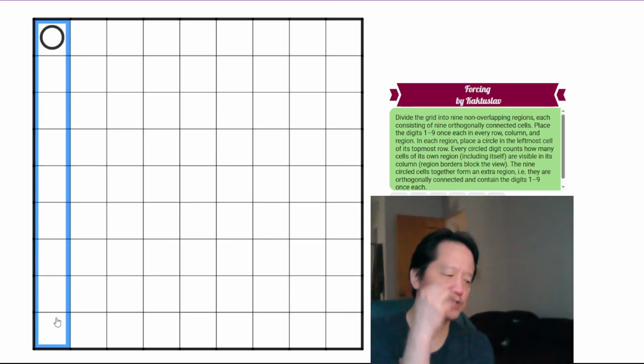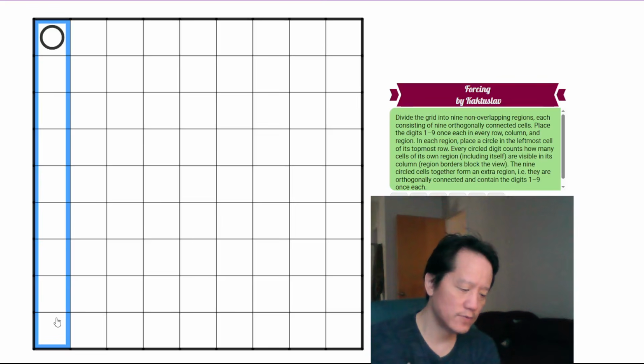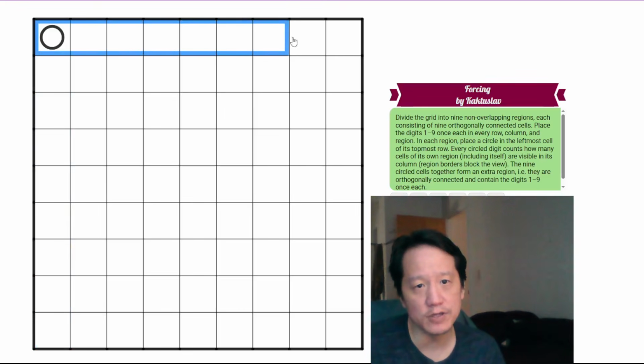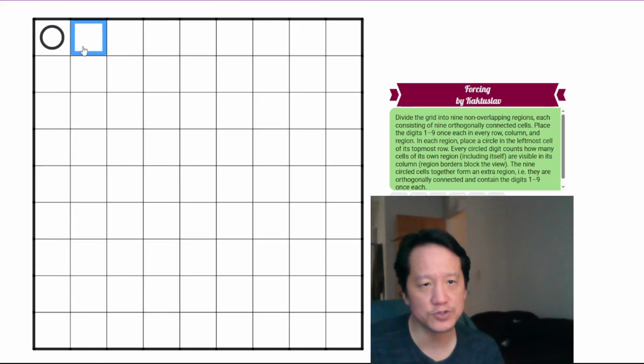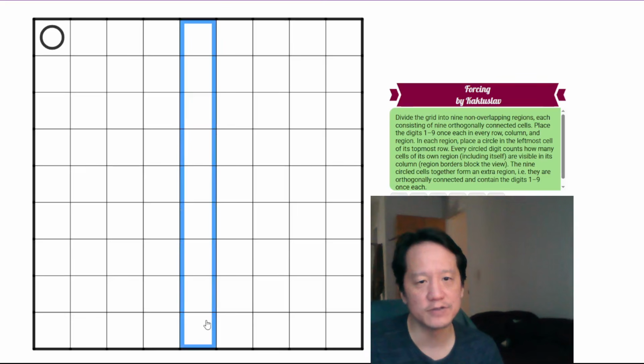You have to have the digits 9 through 1. So you can't have it similarly this way, right? Because if all the circles are here, they all must go just straight down. And then they would have to be all 9 to count the digits there.